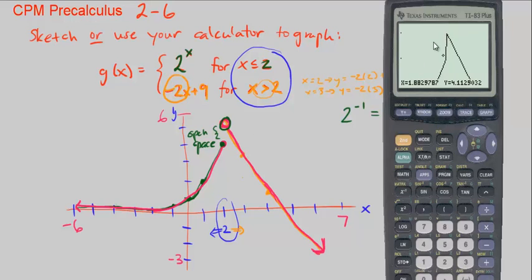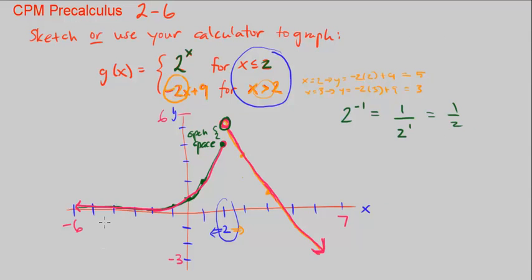So that is something we know technology does, but we do not want to see, so do not include it in your sketch, and you have to realize that and check for these things if you use your calculator, okay? So that was sketching or using your calculator to graph g of x.